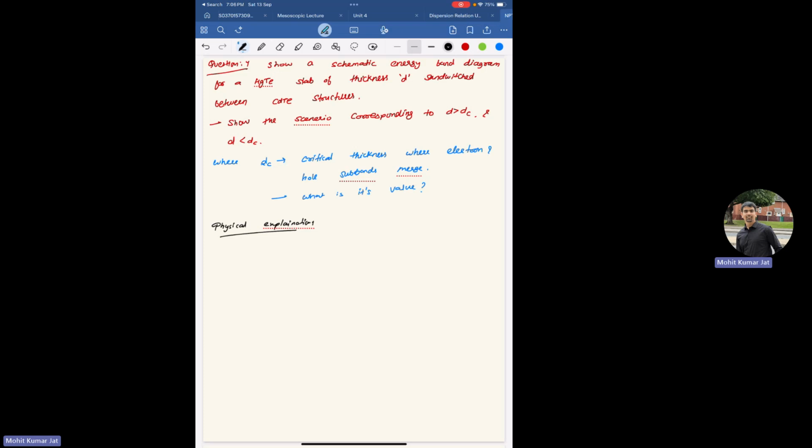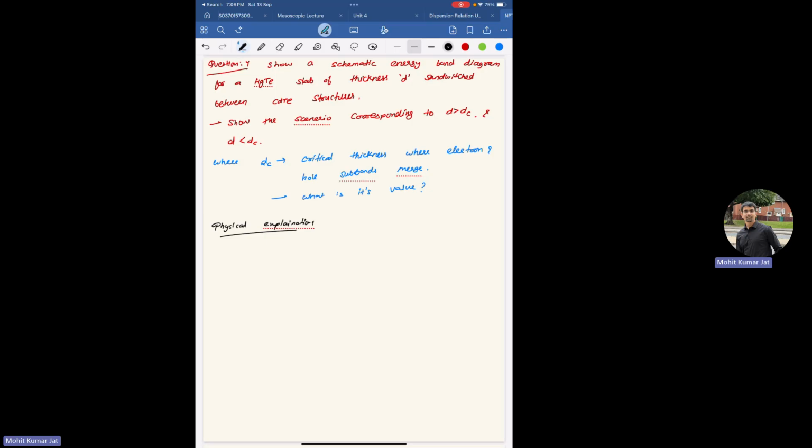So as the mercury telluride well thickness D is varied, the relative ordering of the lowest electron subband E1 from gamma 6 and the highest heavy hole subband H1 from gamma 8 changes. For thin wells, when D is less than DC, the ordering is normal. So E1 is above H1, trivial insulator like a normal semiconductor.